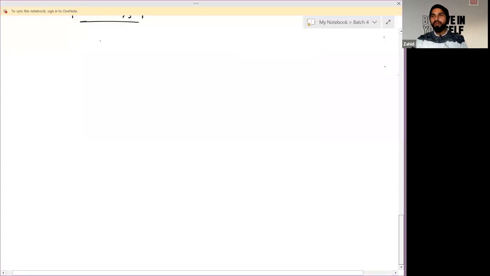So this is about one-dimensional relative motion. Let me define two-dimensional relative motion, in which first would be a river problem.